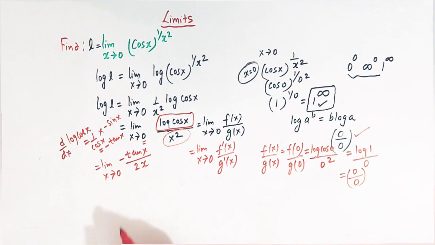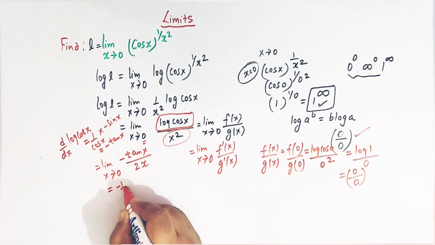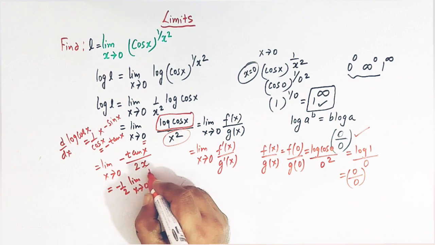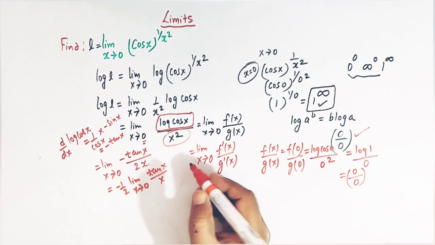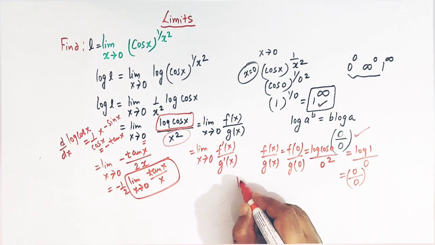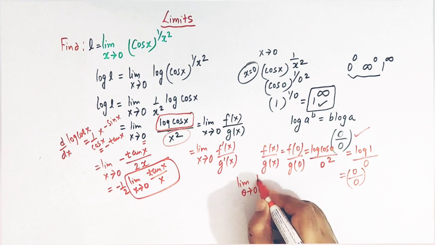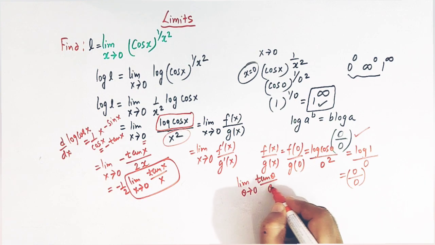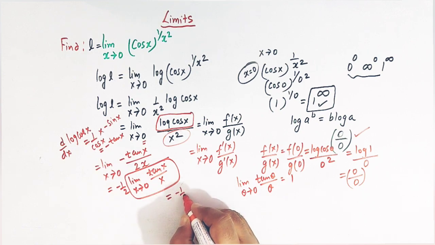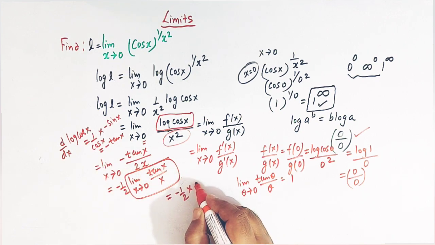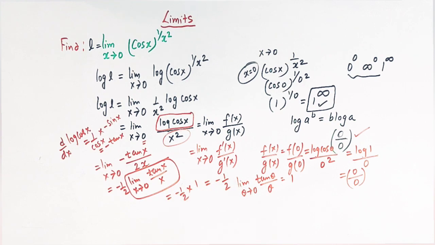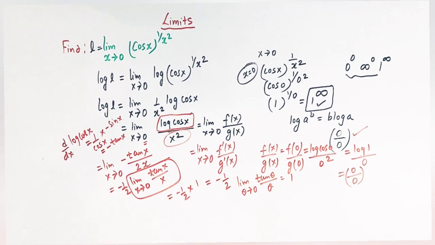So now we can write this limit as minus half limit x tends to 0 of tan x over x, right? And from limits we know that the value of the limit theta tends to 0 tan theta over theta is equal to 1, right? So we have minus half and the value of this limit is 1. So this is minus 1 over 2, right?